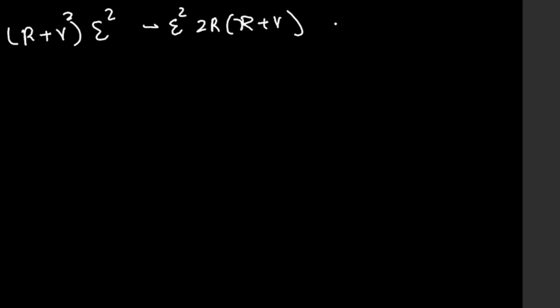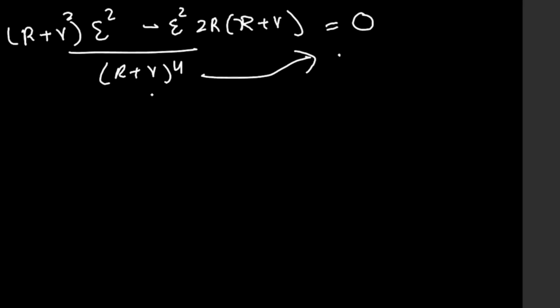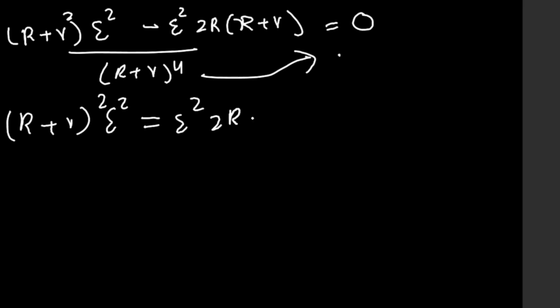Okay, this equals to 0, and here we have (R plus r) to the power 4. Now this will multiply here and we get this 0, so we get left with (R plus r) whole squared, and this is EMF square, and this will become equal to EMF square into 2R into (R plus r). Okay, this is the main thing we get here, so this will cancel out.